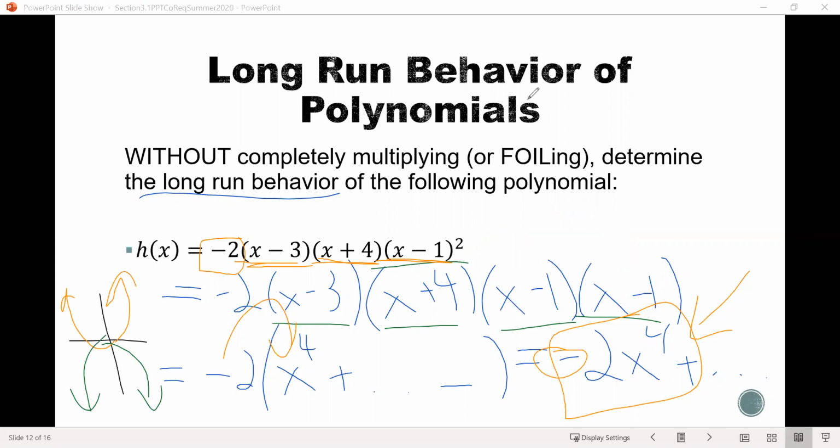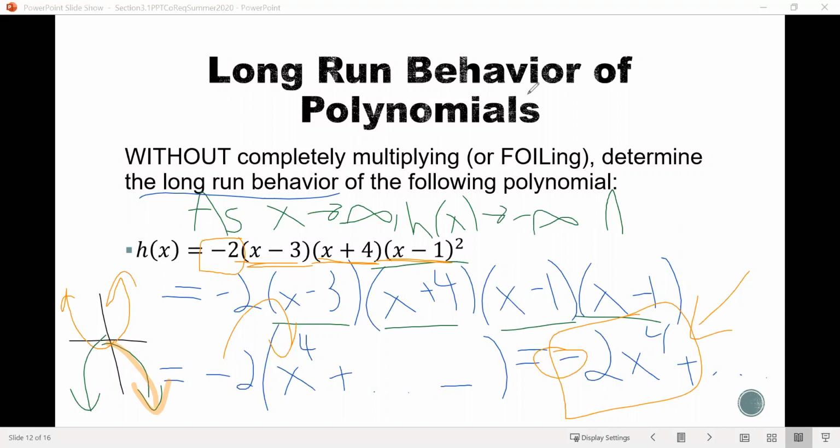All right, so we can see from the shape there that as x goes towards positive infinity, the outputs, well, they're going down. So that would be going towards negative infinity.